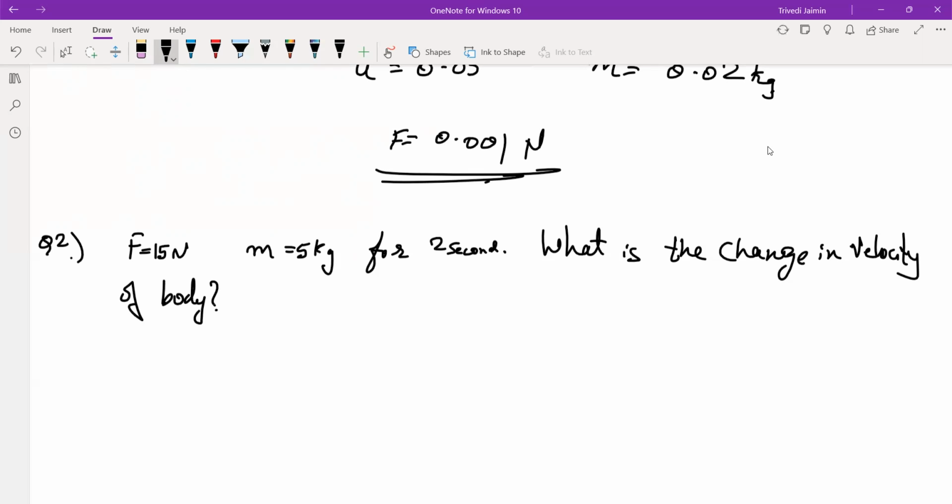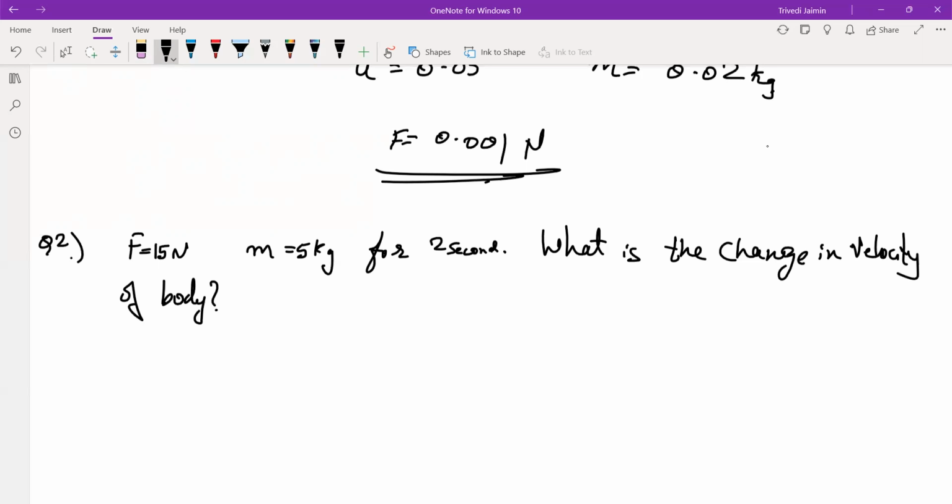Seconds up. 15 up, 20 up. So 3 meters per second square. Yes, sir, 3. So you all gave it within 30 seconds.